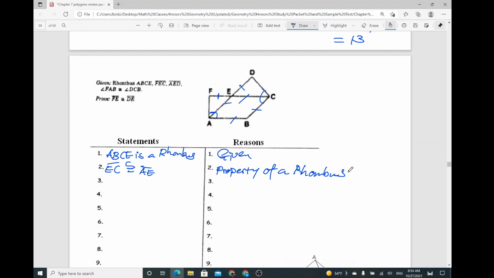Okay, so now let's see what else we need to do right here. In order to prove that these segments are congruent, we need to prove these two triangles are congruent first. Another thing we can state, and one thing we notice, is that angle FAB is congruent to angle DCB.